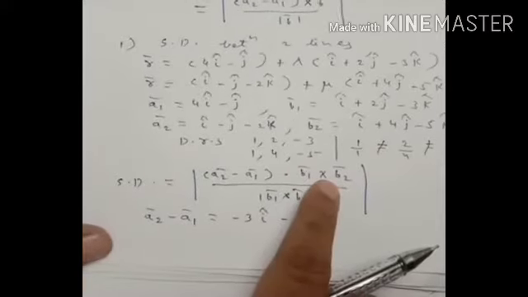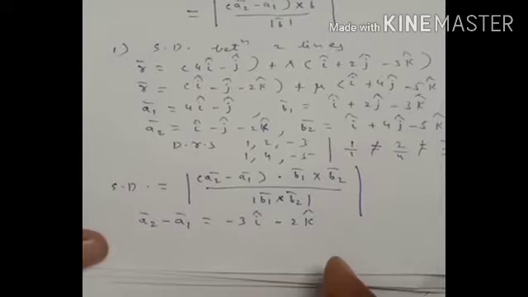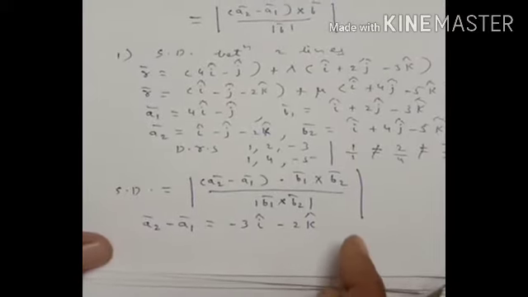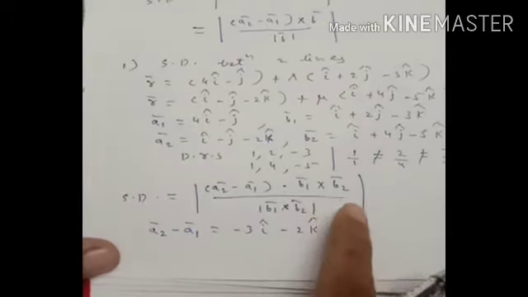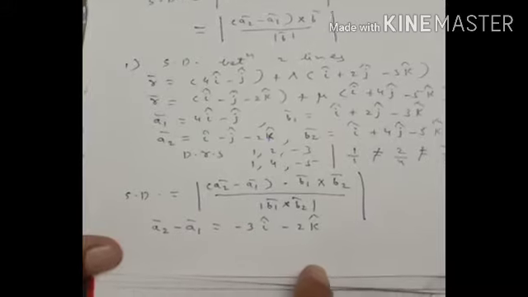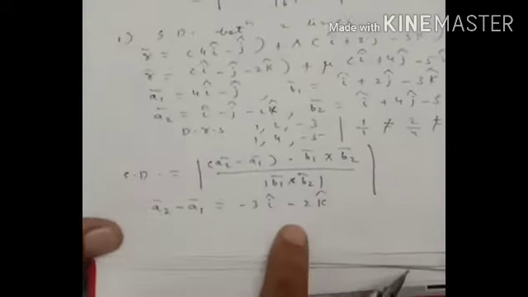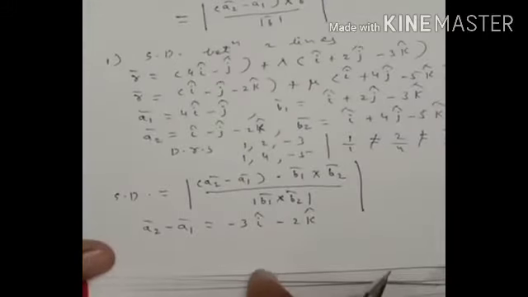Dot and cross product are there, which means this is a scalar triple product, and we can find a scalar triple product by using a determinant also, but here we shall not use a determinant to find the scalar triple product.